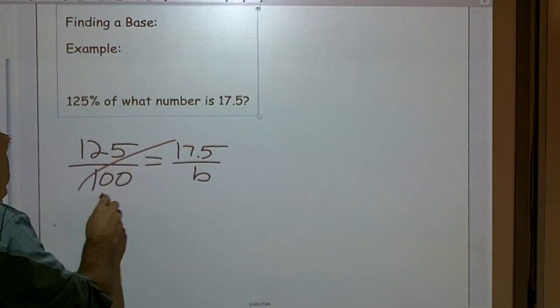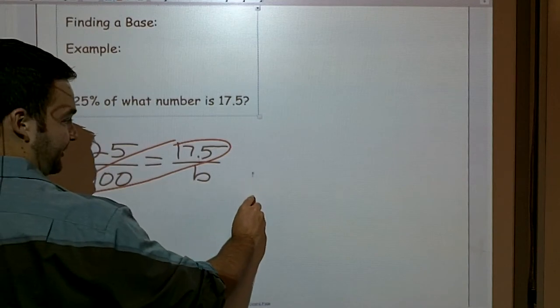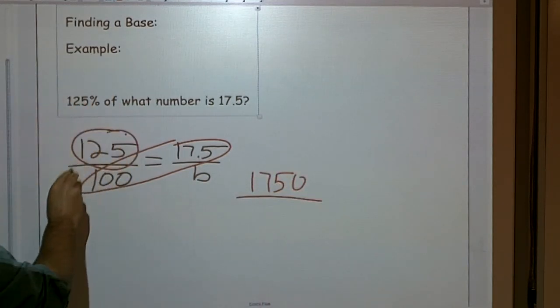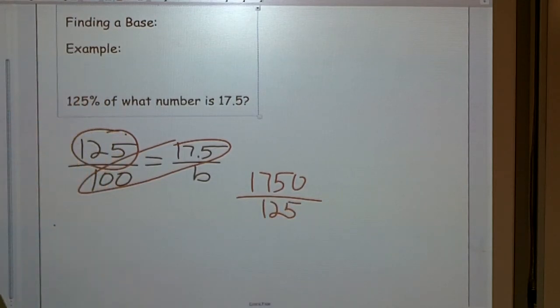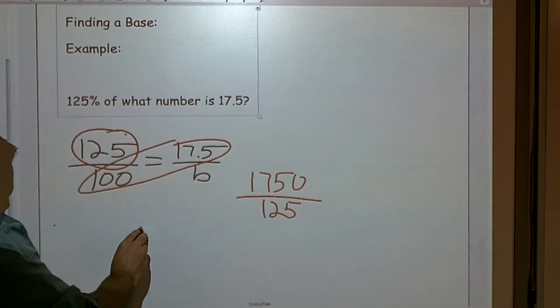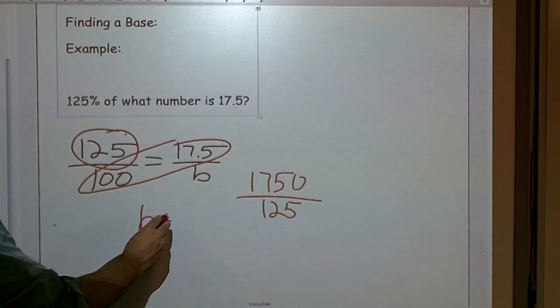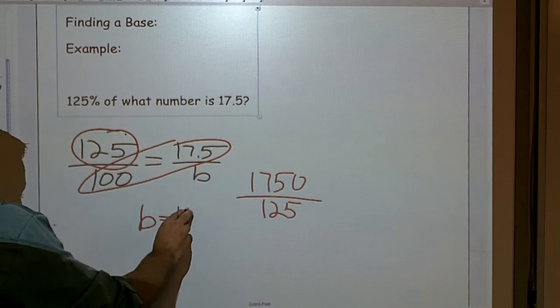From there, cross multiply: 17.5 times 100 should get you to 1,750, and divide that by the base's partner, 125. All right, in this case, our B is going to be 1,750 divided by 125. If you use a calculator on that, 1,750 divided by 125 is actually 14.